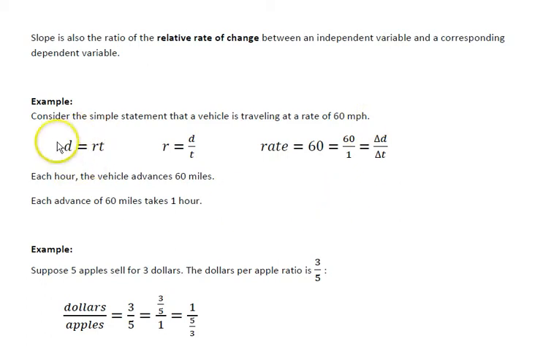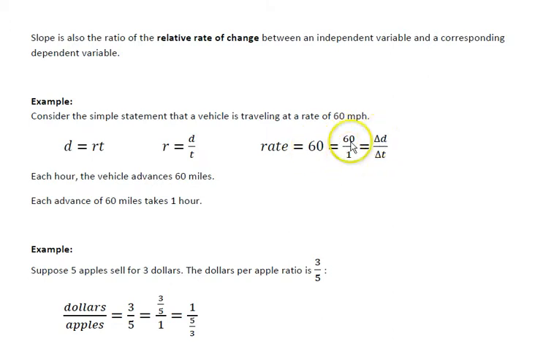We have a formula that most people are familiar with. Distance is rate times time. Dividing both sides by t, we can rewrite this as rate is the ratio of distance over time. So in our problem, the rate is 60 miles per hour, and 60 is 60 over 1.